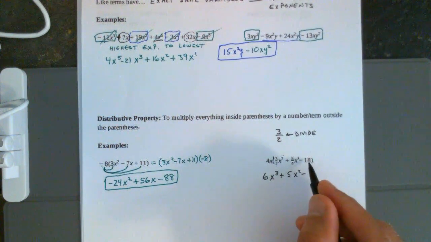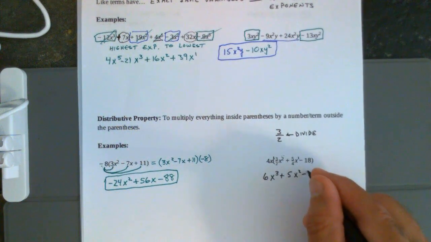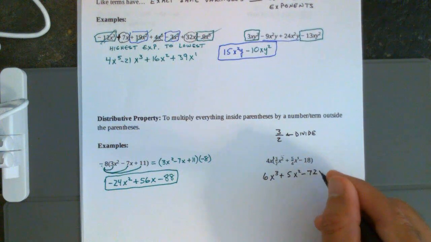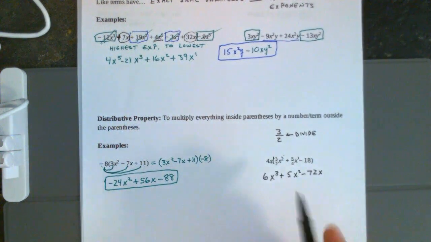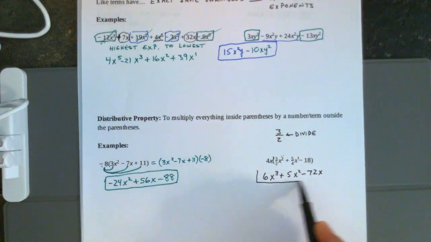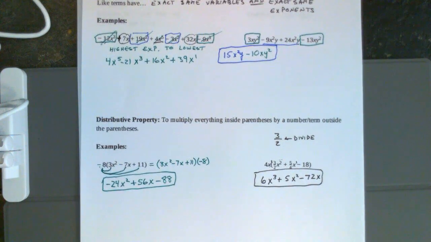And then we have 18 times 4, which is 72. And because we're multiplying by that x, it just goes at the end. And so our answer to this problem would be 6x cubed plus 5x squared minus 72x. And that's the distributive property.